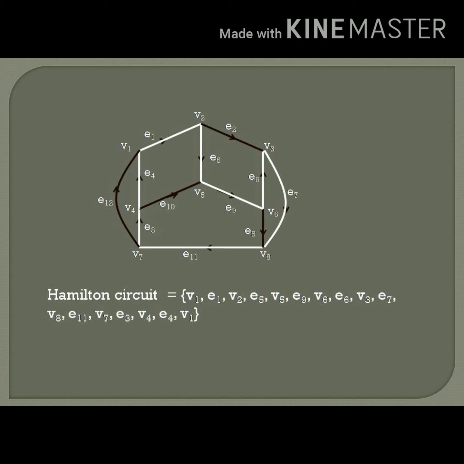So the Hamilton circuit starts at the vertex V1 and ends at the vertex V1. All vertices are included, but some edges are not included. This is the Hamilton circuit.